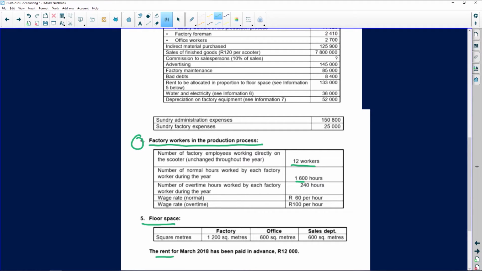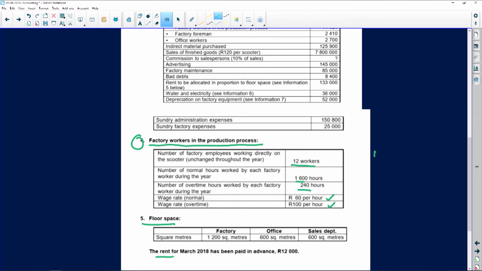Then I've got number of overtime hours worked by each factory worker during the year, 240 hours. Then the wage rate, 60 Rand per hour. And the wage rate for overtime is 100 Rand per hour. Okay, so let's use this information now to calculate firstly wages, and then we'll look at overtime.